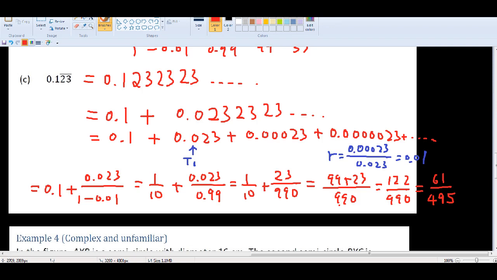So 0.1 plus the following pattern, which is recurring, and I could rewrite that recurring pattern into an infinite geometric series. The first term is not 0.1, because 0.1 is the first term for the whole expression, but it's not the first term for the infinite geometric series. For the infinite geometric series, the first term is 0.023, and you use that in your formula, and you will get the answer, right?